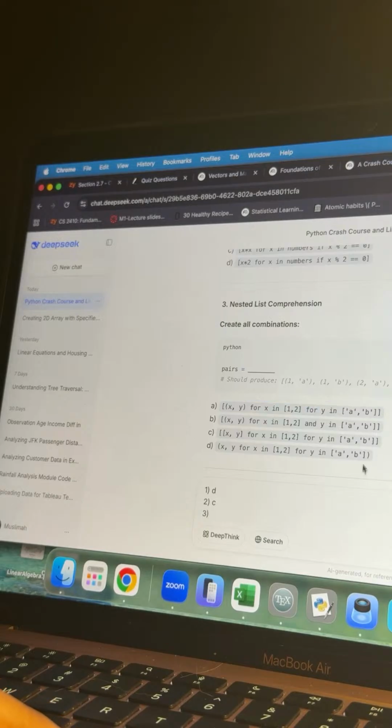Like what's the format supposed to be? I would say it's D because I don't know, because these are already in brackets, right? Honestly, D might be the wrong one. I don't know. This one is extra hard.